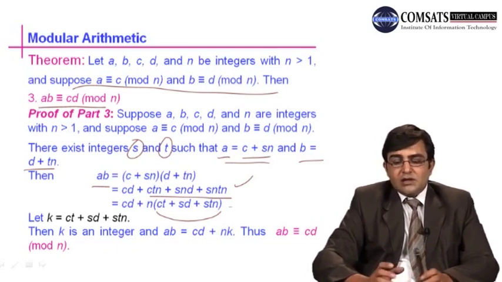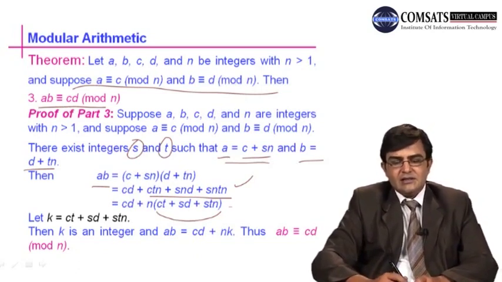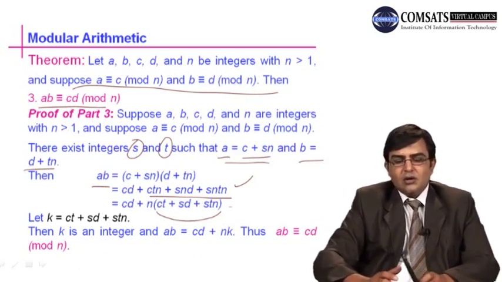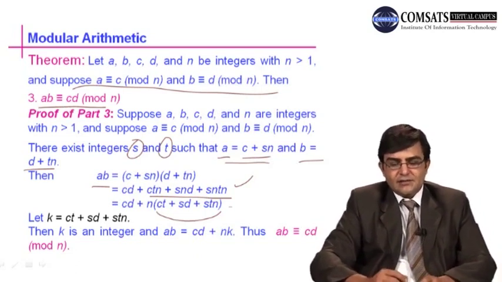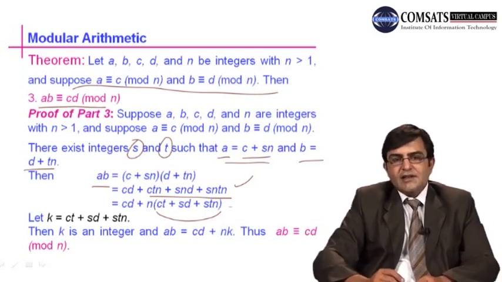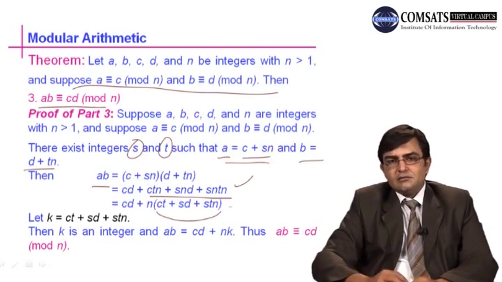Now what is s? Integer. What is t? Integer. What is c? Integer. What is d? Integer. So all of these numbers are integers, and while studying proofs and set theory, number theory, we have studied that the product of any two integers is an integer, and the sum of two integers is an integer.